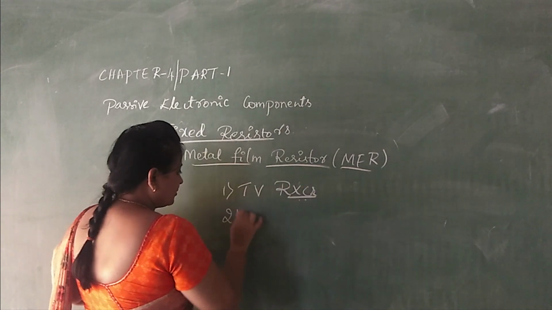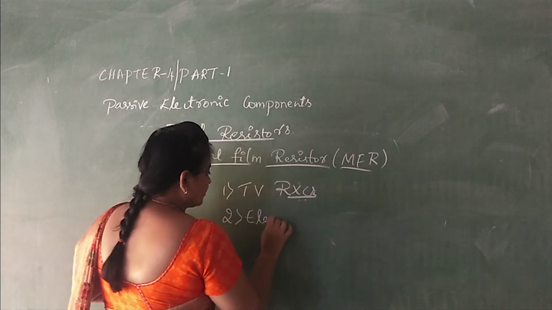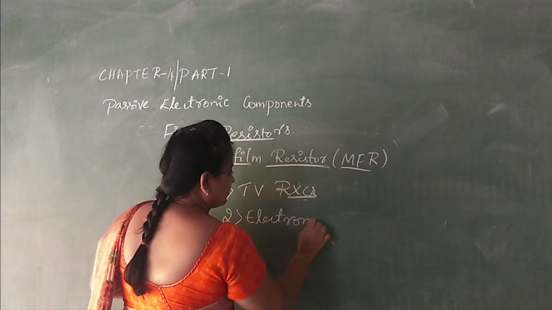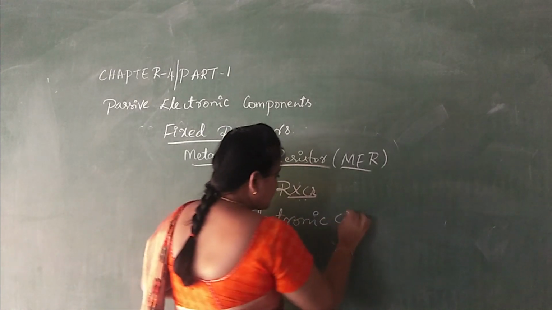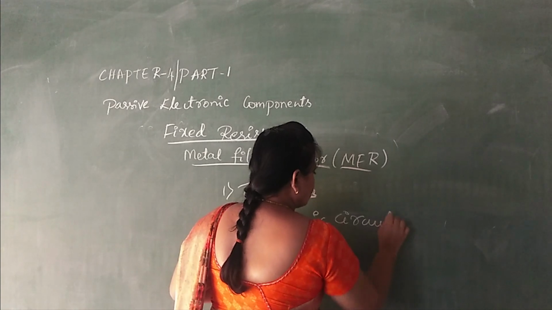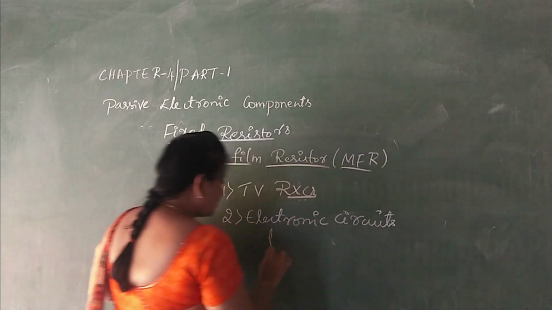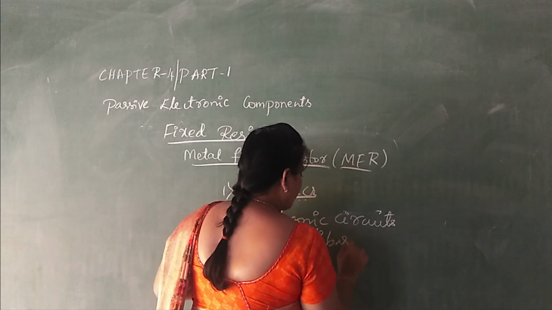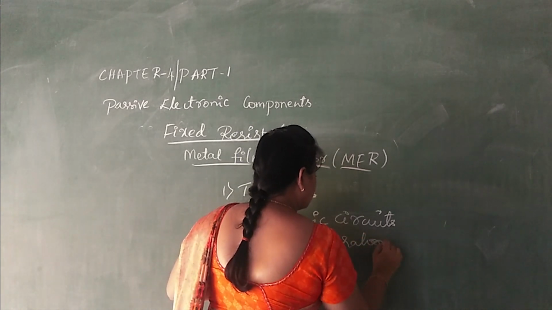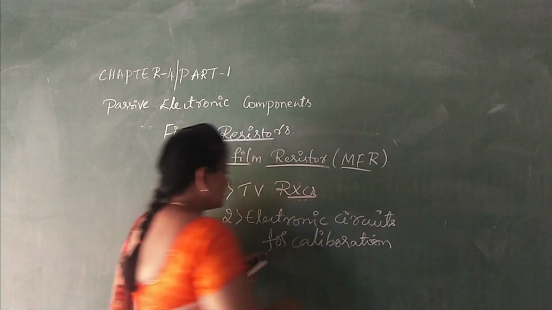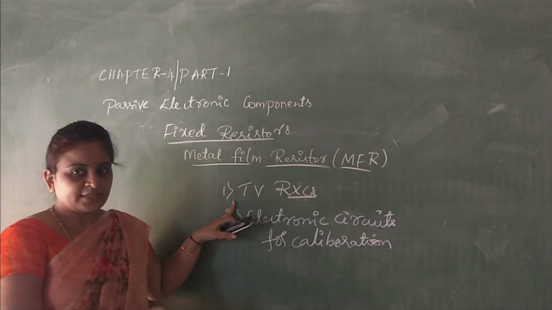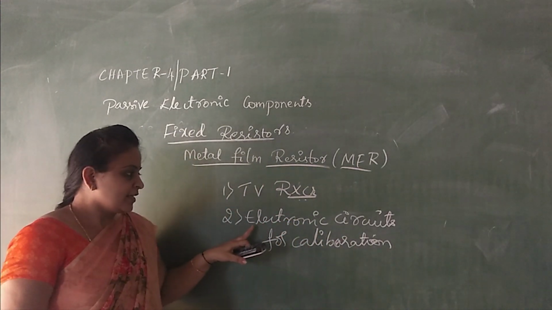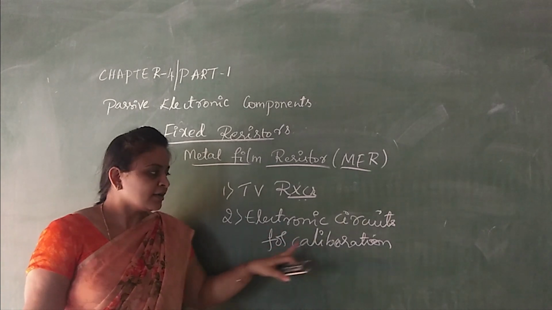Second one, in electronic circuits for calibration. So first application is TV receivers, second application is electronic circuits for calibration.